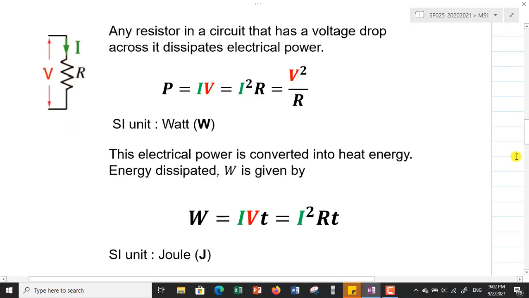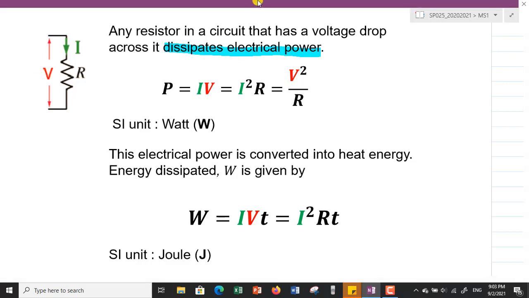Then class, for any resistor that we connect in a circuit, there will be voltage drop across it. Okay, and this voltage drop will cause it to dissipate electrical power. So how we find the electrical power dissipate by a resistor? So the power will be equal to the current that flow through the resistor, multiplied with the voltage.